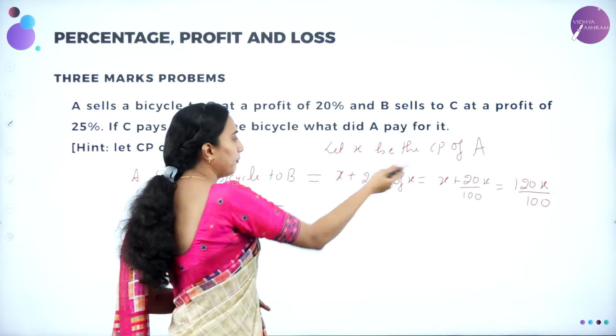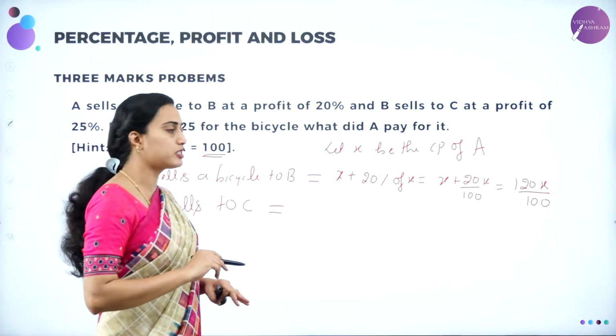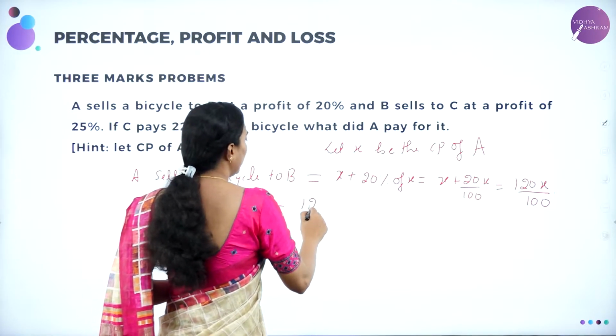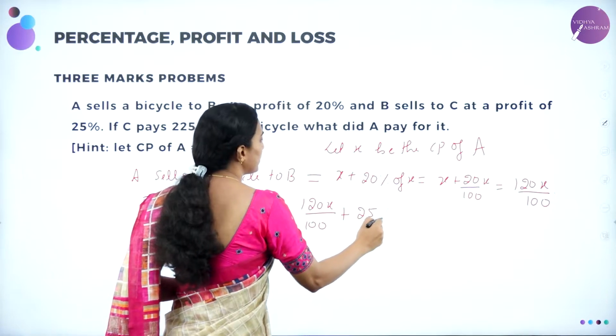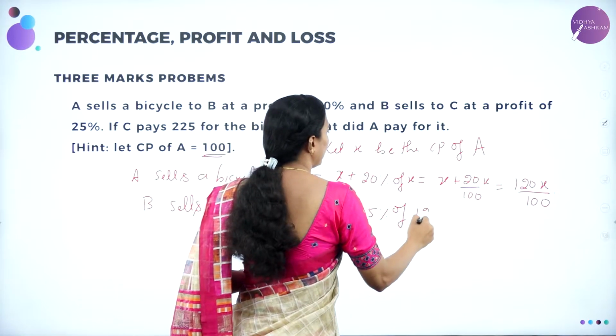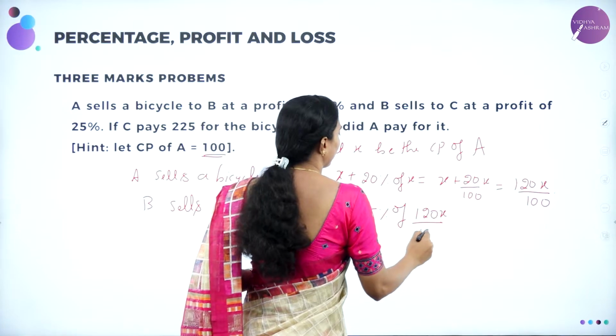So we need to take B's cost, 120x by 100, plus 25% of 120x by 100. Correct?